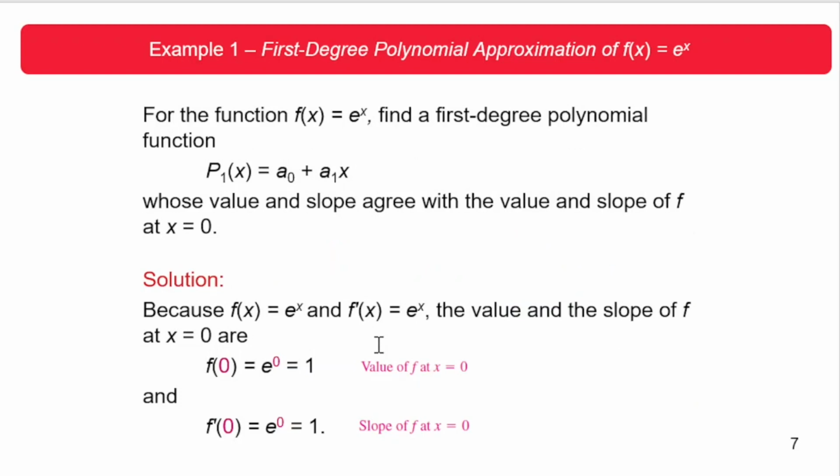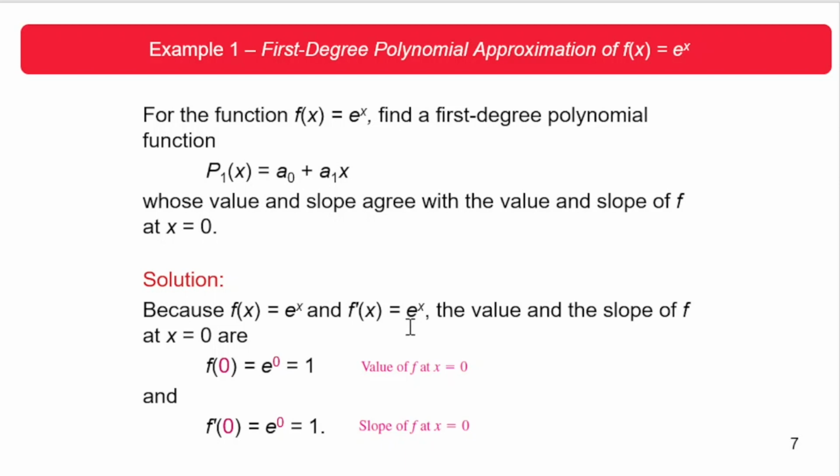For example, for the function f of x equals e to the x, we need to find a first degree polynomial function denoted by p sub 1 of x equals a sub 0 plus a sub 1 x, whose value and slope agree with the value and slope of the function at x equals 0. Because the given function is e to the x, the first derivative of this function is also e to the x.